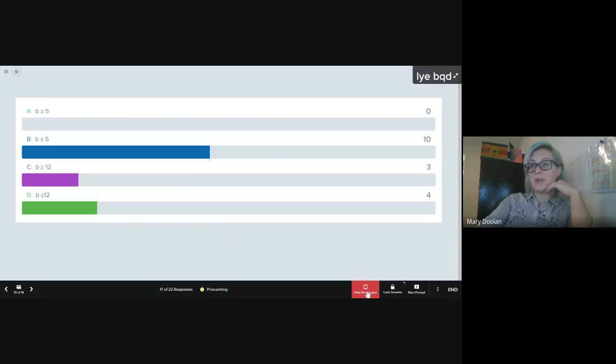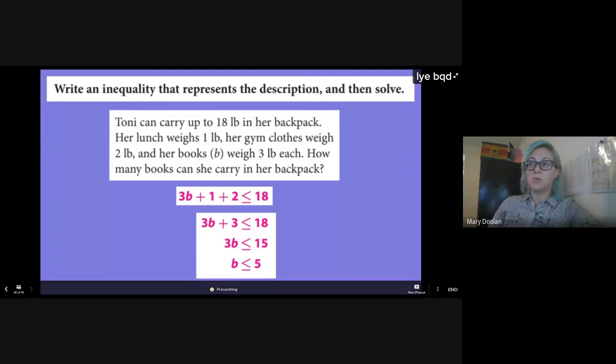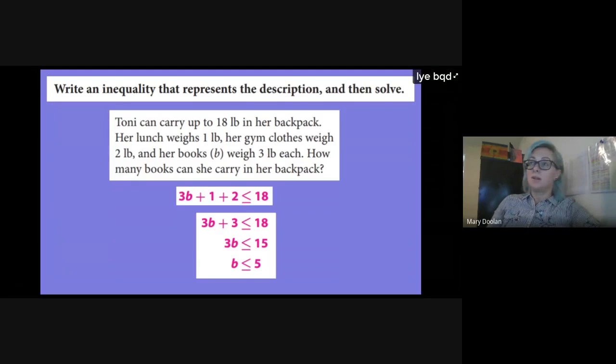Most of you have it correct. B is less than or equal to 5. So B is the weight of the number of books. No, I'm sorry. Her books are 3 pounds each. B is the number of books. So as long as she has 5 or fewer books, we're good to go.